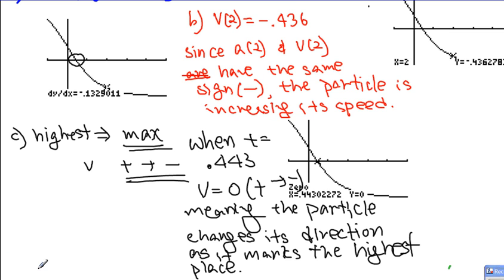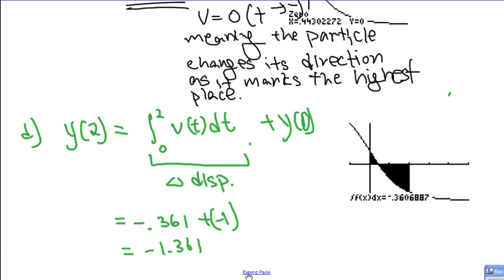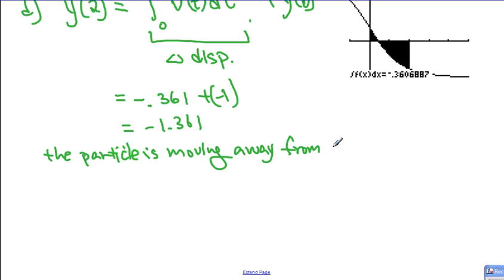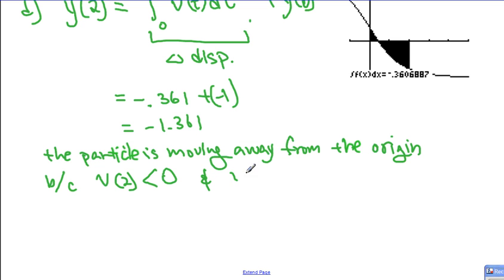So the particle is moving away from the origin, because velocity when time was equal to 2 is less than 0, and position y sub 2 was less than 0, simply put.